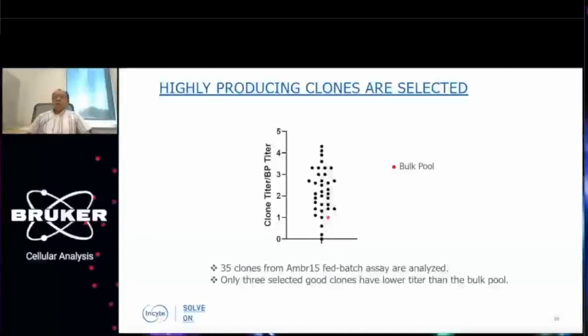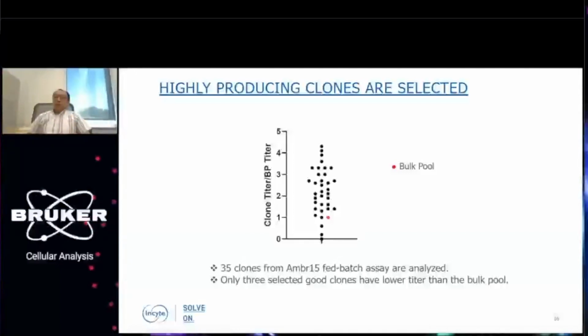This slide shows that highly producing clones are selected. 35 clones from the Ambr 15 fed batch assay are analyzed, and the titer is normalized to bulk pool titer. The bulk pool is a mixture of clones. 50% of clones have titer higher than the bulk pool, and the other 50% have titer lower than the bulk pool.